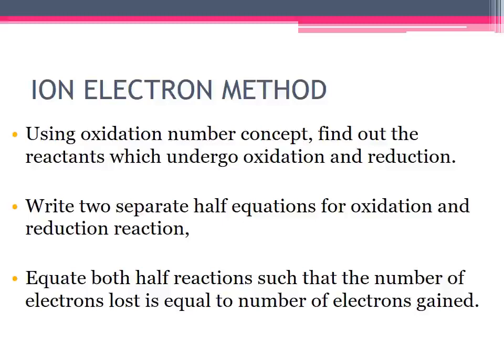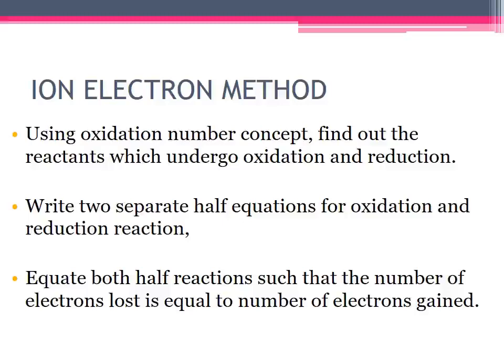In equation 1 there is no change. In equation 2, 4O on the reactant side, so you add 4H2O on the product side. Now you add 8H+ on the reactant side.